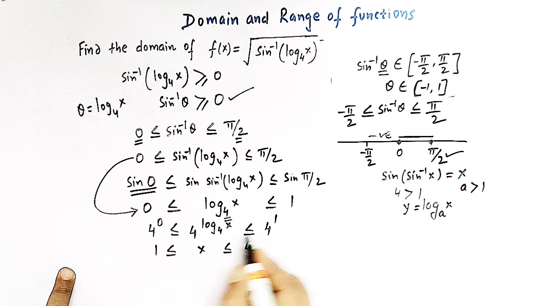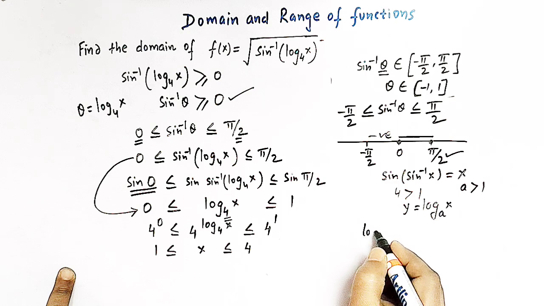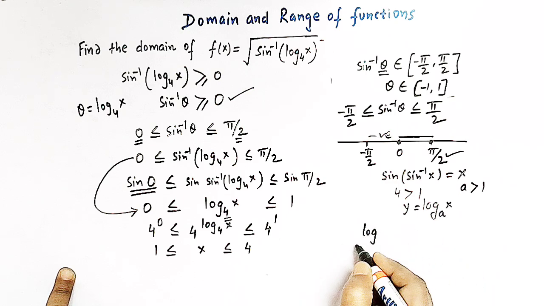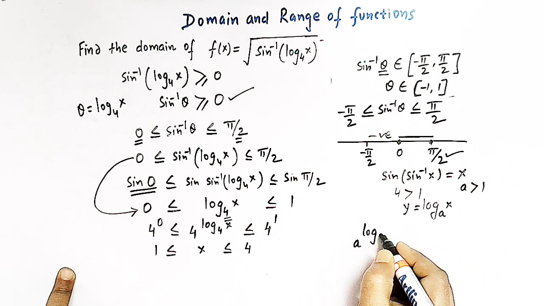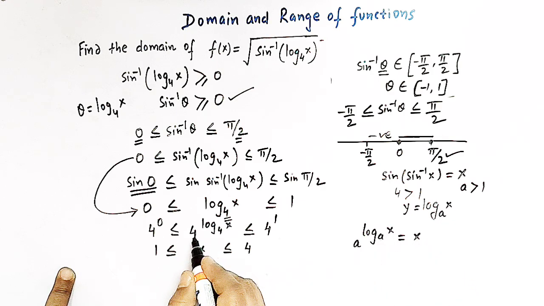So here we have used this important formula, that a raised to log of x to the base a is equal to x, right? So for a we have 4, and 4 raised to log of x to the base 4 is simply x.